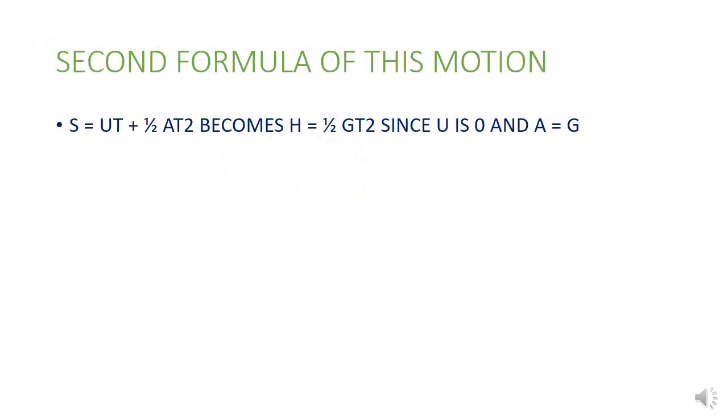The second, s = ut + ½at², becomes h = ½gt². So let me draw something here. This body moved from this position at a specific height. Let's say the height was 20 meters.